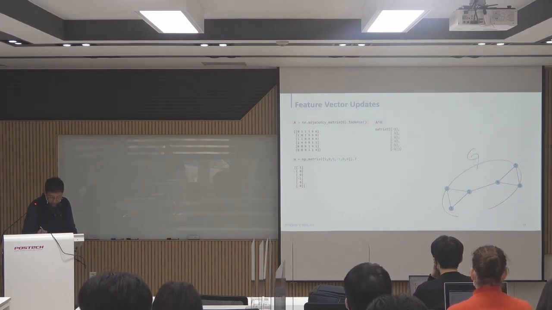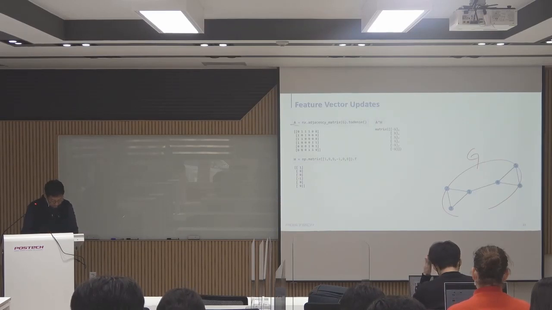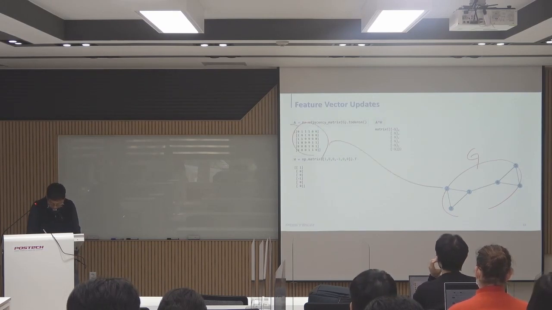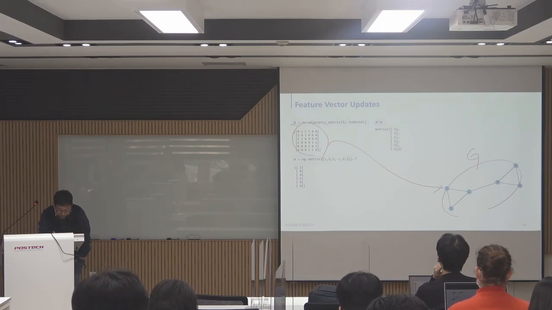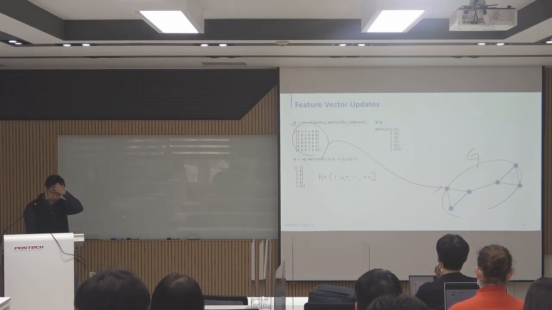From a graph we can get a matrix. This is the adjacency matrix A, and I want to define H this way.